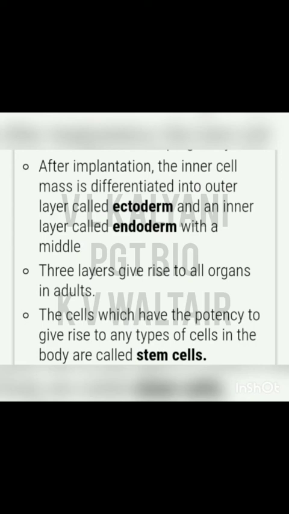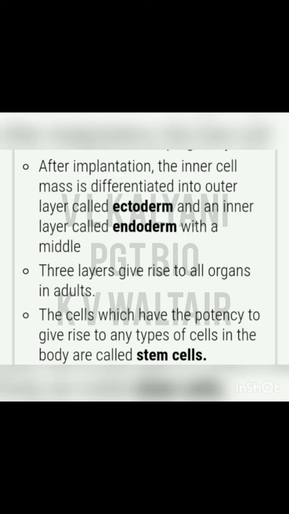Then after implantation, what changes take place in the blastocyst? Already you have seen the blastocyst has an outer membrane, children, that is the trophoblast, and the inner cell mass, which develops into, do you remember, triploblastic? We are triploblastic because we have 3 germ layers. The 3 germ layers will be formed from the inner cell mass, which contains specialized tissues called stem cells.